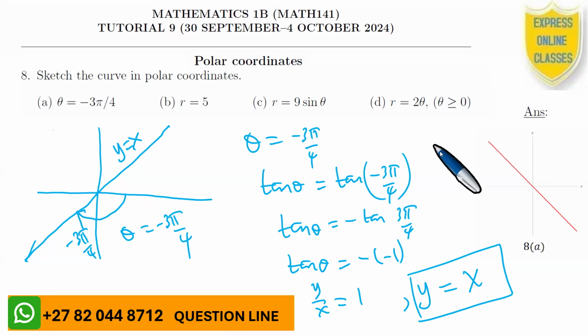Is it because of the negative? Because the line they've given is running down slope, yet it must run up slope. So that is why I stopped.